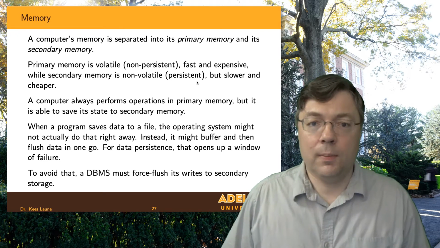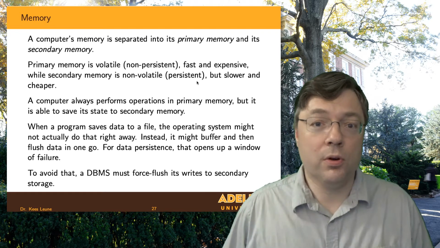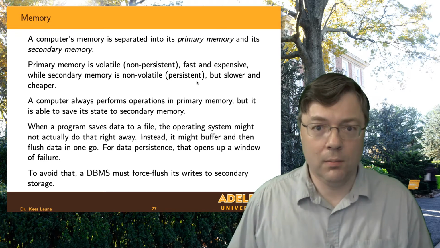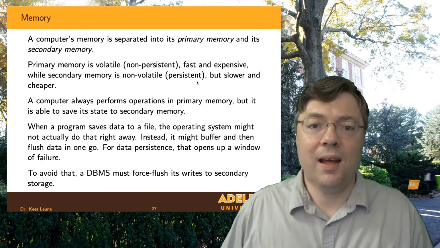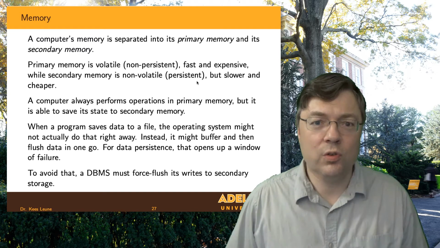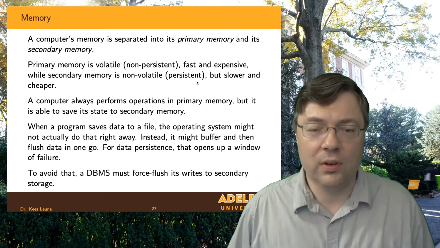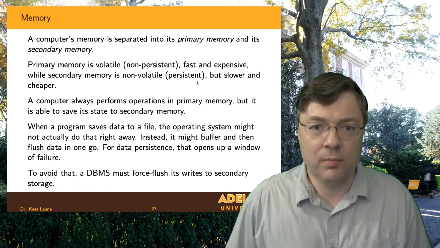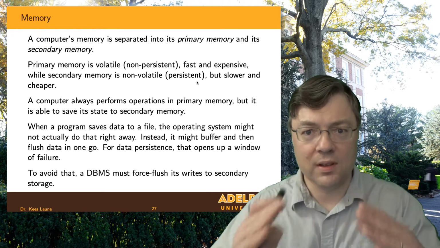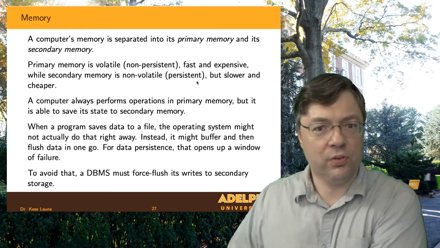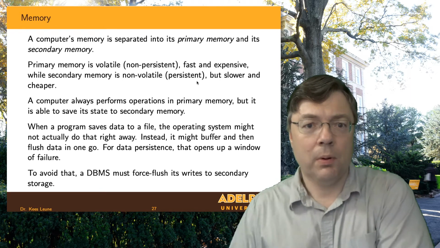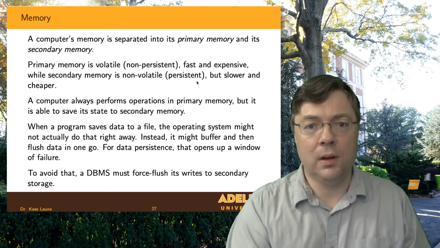Which means from a database persistence perspective that I really wouldn't want to have any data in my primary memory. However, primary memory is so much faster than secondary memory that just to get any decent level of performance out of my database, I must have my data in primary memory. So there's always that fight between primary and secondary memory, where one is persistent across power failures, but the other one is fast enough to actually be usable.